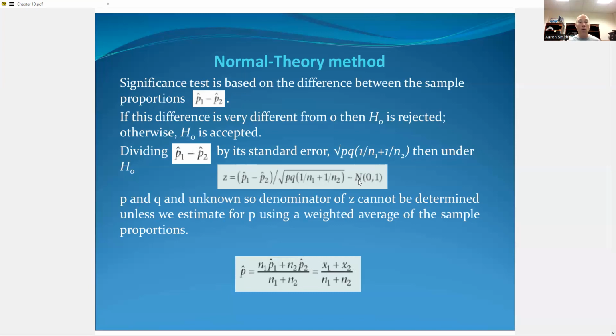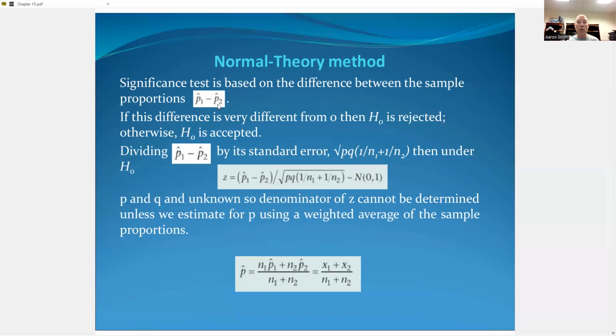Now, something that we can do is go ahead and get the overall success rate. This is for the entire sample, assuming that there is no difference between these two. So under the null hypothesis, P1 and P2 are equal to each other.